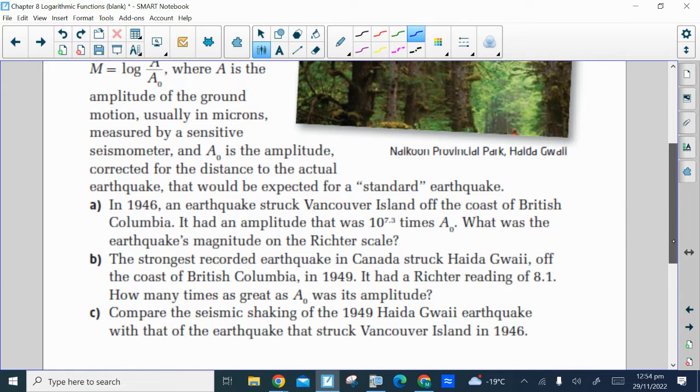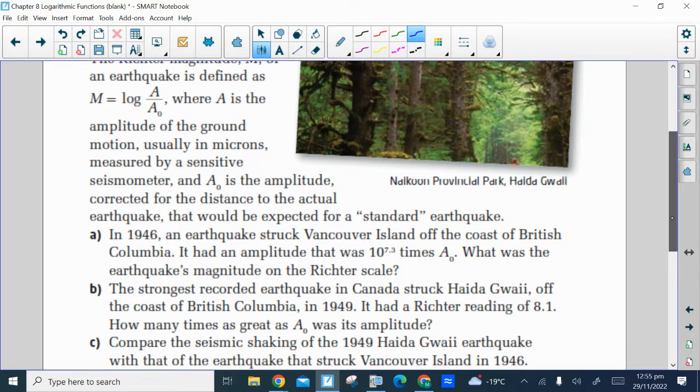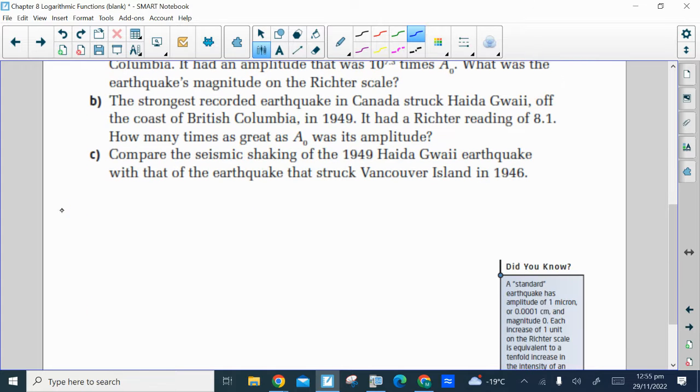In 1946, an earthquake struck Vancouver Island off the coast of BC. It had an amplitude of 10 to the 7.3 times A sub 0. What was the earthquake's magnitude on the Richter scale? We have that formula above: the magnitude M is log of A over A sub 0.